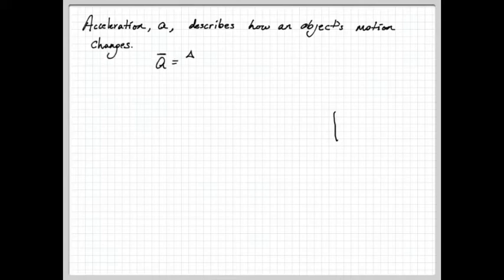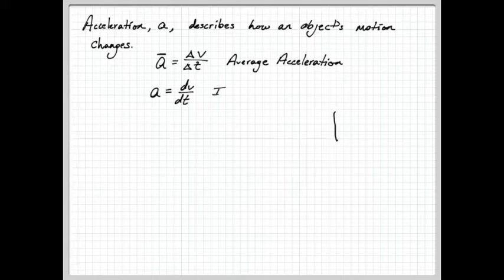So we define the average acceleration as simply a change in velocity over time. And then we would define an instantaneous acceleration as the time derivative of velocity.